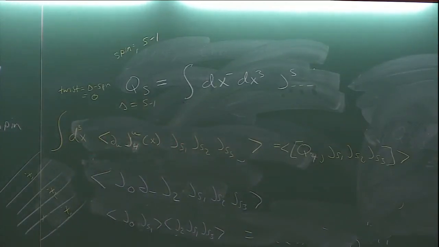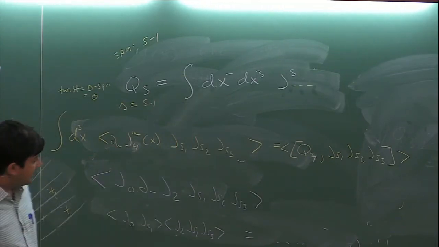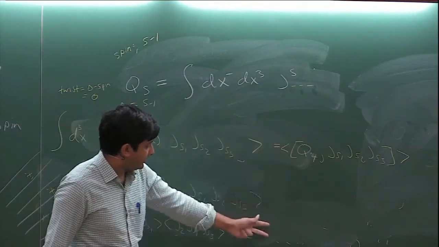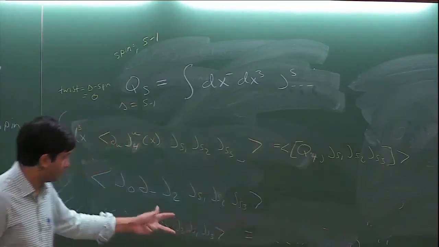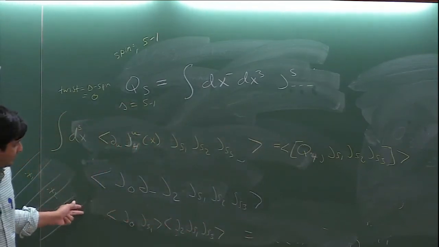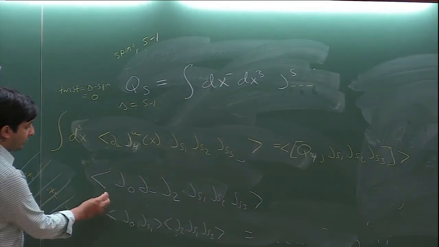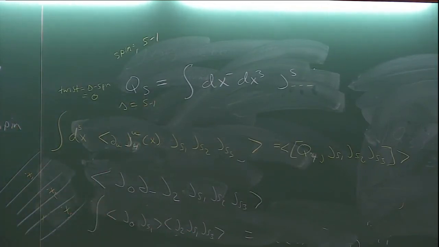So now the situation is very similar to what we had previously, except that these conservation equations are not equal to 0. They're equal to a source, which is a product of 2-point and 3-point functions. Then the challenge is just to solve these equations consistently to determine alpha, beta, and gamma.